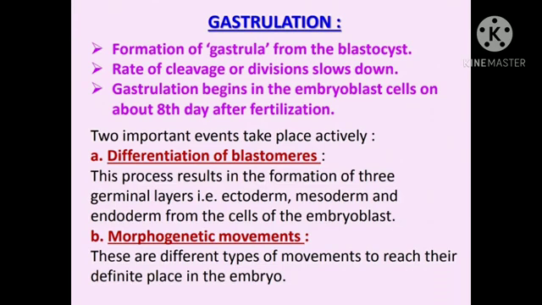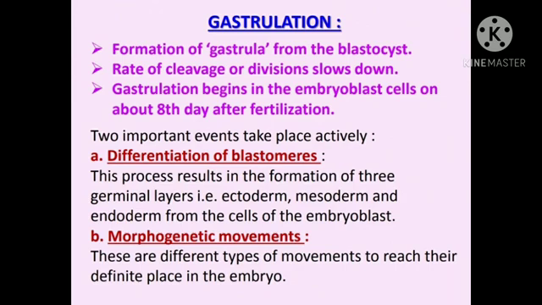Starting with the first one, differentiation of blastomeres: this process results in the formation of three germinal layers, that is ectoderm, mesoderm and endoderm, from the cells of the embryoblast.